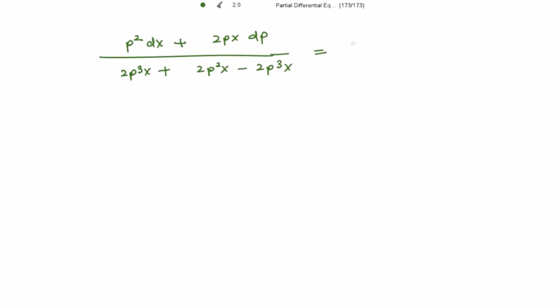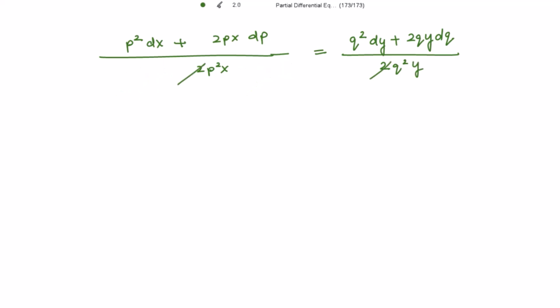In a similar way, I am interested in taking q square dy plus 2qy dq, divided by, similarly, these two cancel out, and by symmetry I write here 2q square y. Okay, from here I can cancel this 2 also.